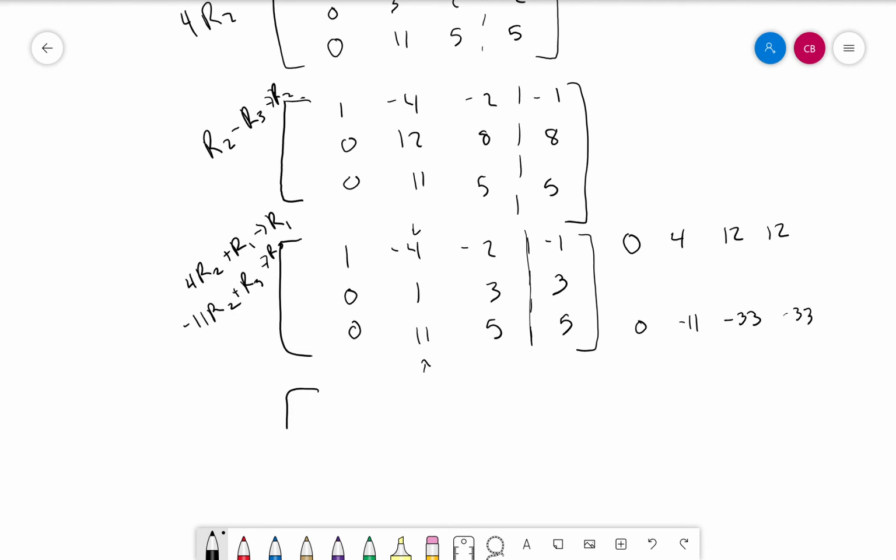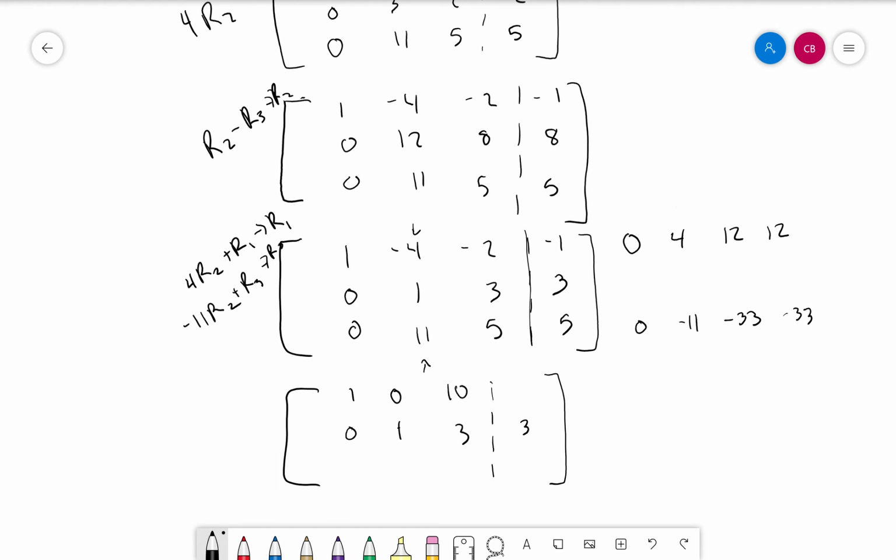Okay, then we're going to add these. Let me put this middle row, 0, 1, 3, 3. 0 plus 1 is 1. 4 plus negative 4 is 0, which is what we wanted. 12 and negative 2, that's 10.